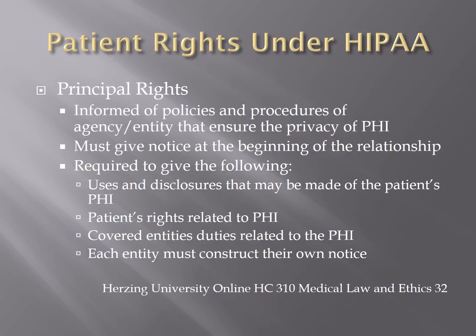The covered entity is required to inform the patient of the uses and disclosures that may be made of their PHI, their rights related to the PHI, and the entity's duties related to PHI. Each agency or entity must construct their own notice.